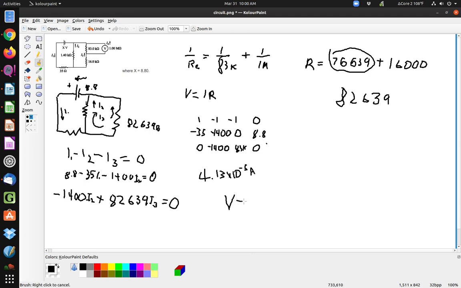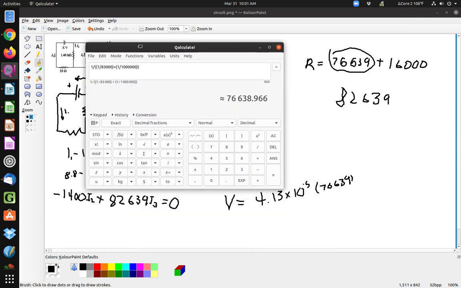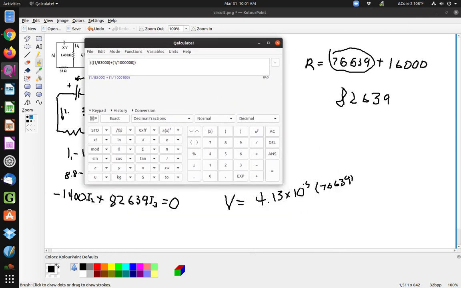So our voltage is going to be equal to 4.13 times 10 to the negative fifth times 76,639. Alright, so let's calculate that.